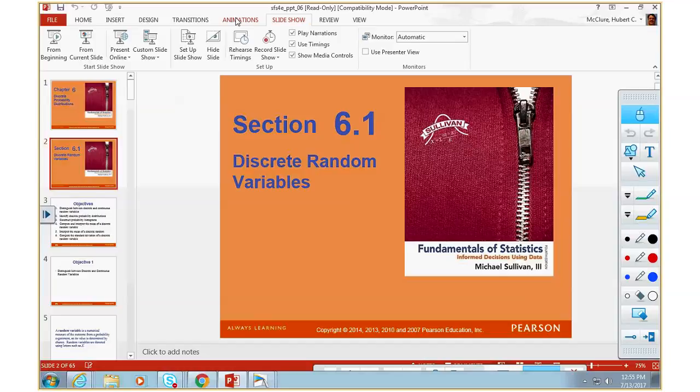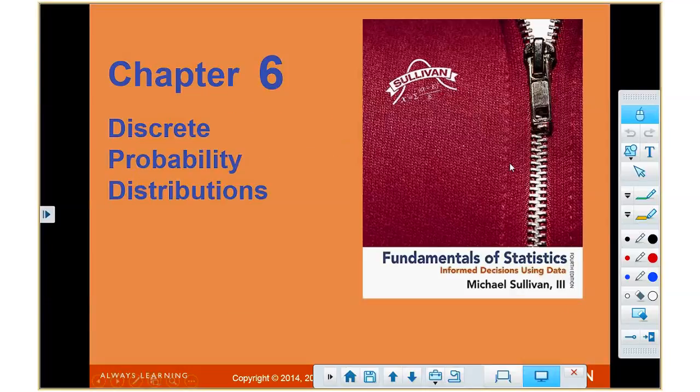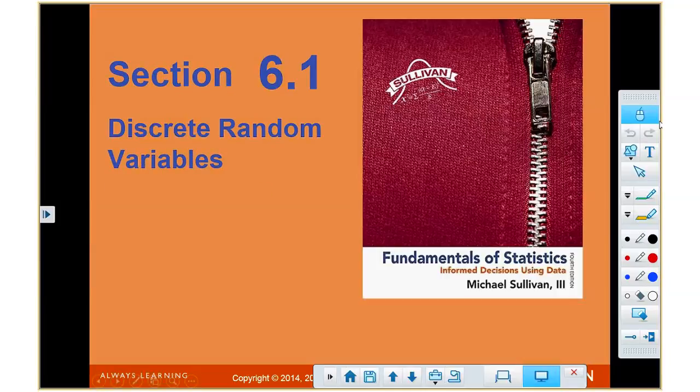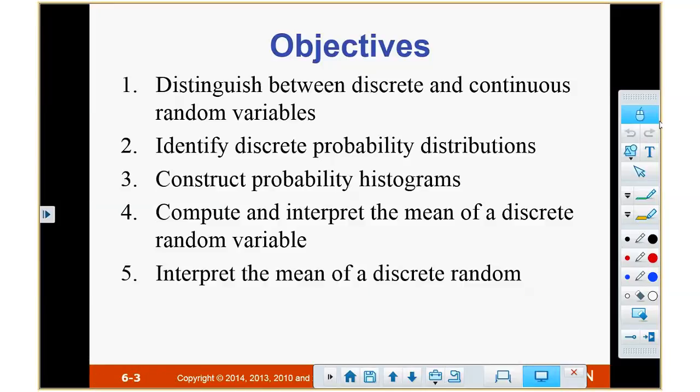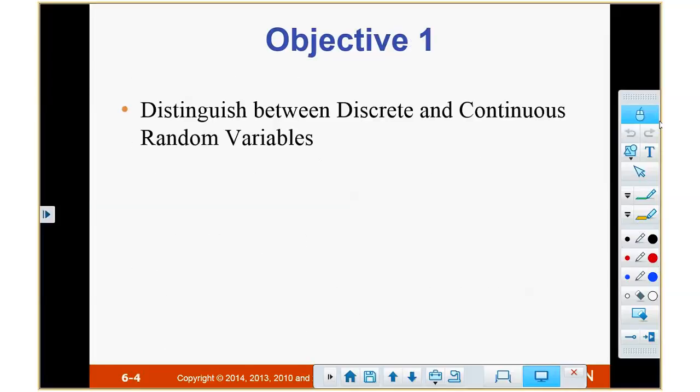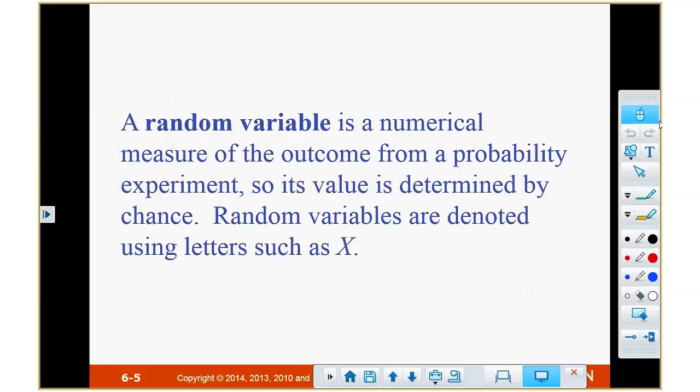So, all right, I've already talked about that. The objective, sound, whatever. That's just bureaucracy. Discrete and continuous. Make sure you remember what a random variable is. That's just something the book puts up there.